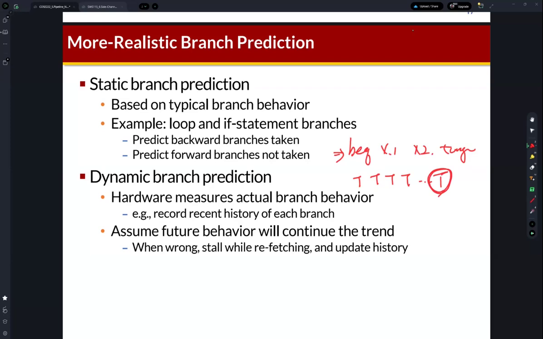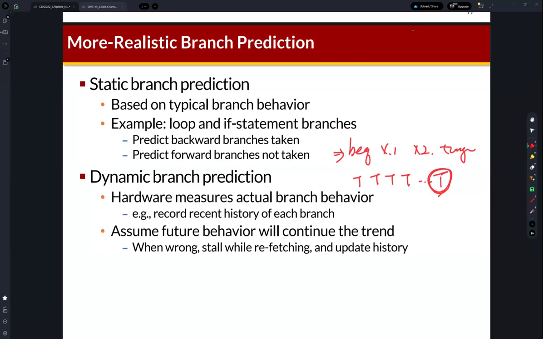And if we predict the result of a branch instruction like this, then the prediction rate is also dramatically increased.